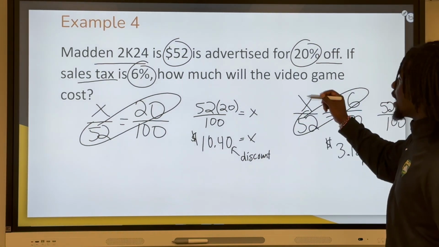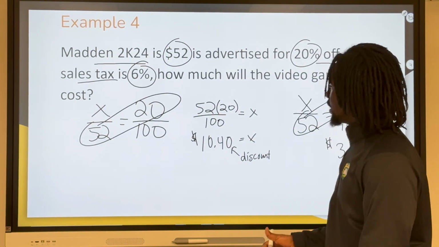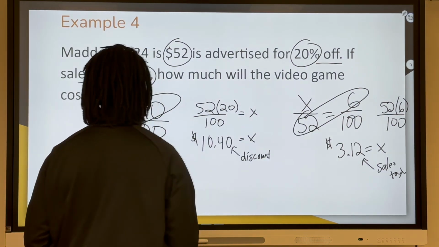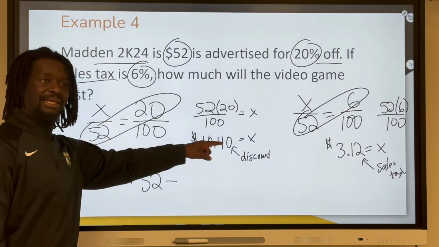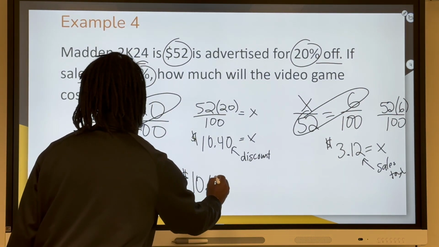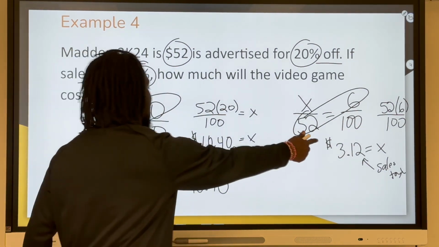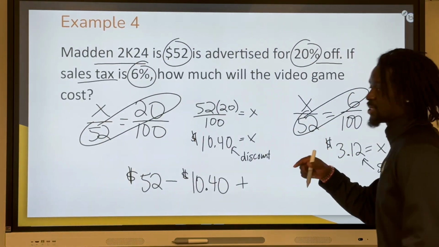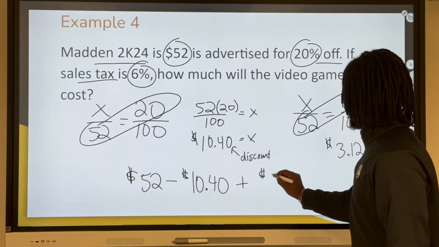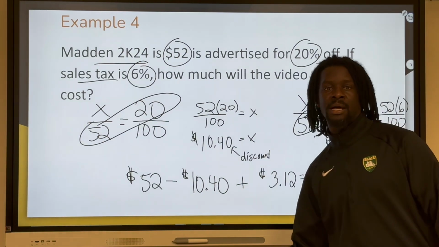Now, to figure out how much was the total cost of the video game, I need to start with my original, which was $52, and then I'm subtracting that discount from it, which was $10.40, and then I'm going to add the sales tax, because again, sales tax is added, and that is going to give me my total.